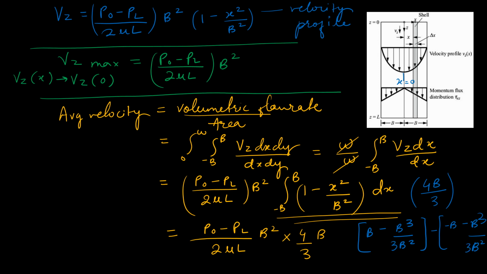So solving this, what you get is 2b upon 3 plus 2b upon 3, which gives me the value 4b upon 3.